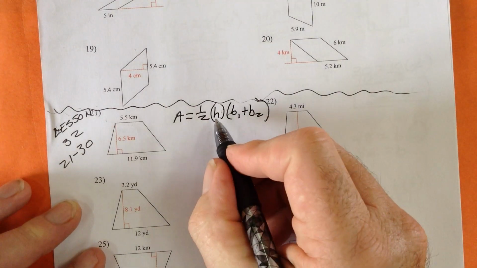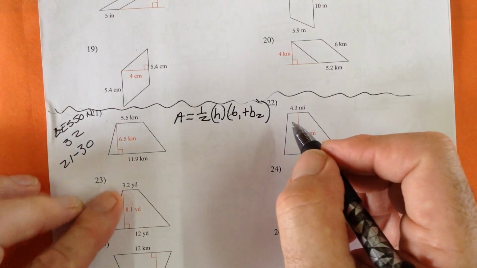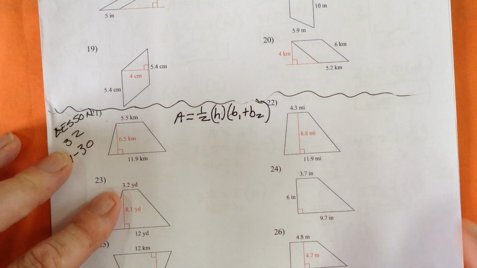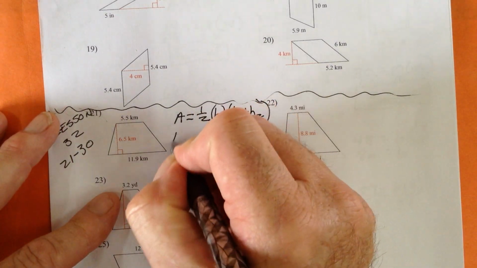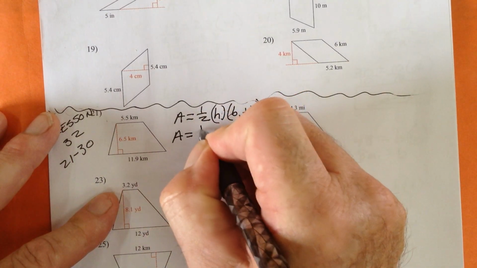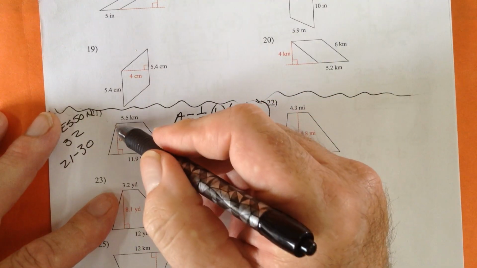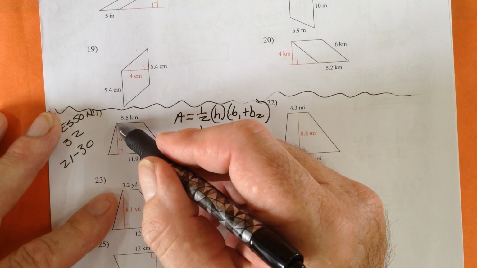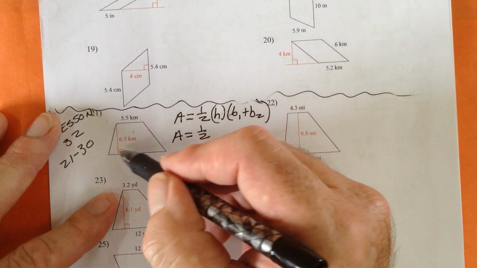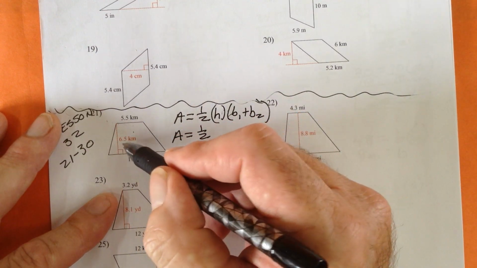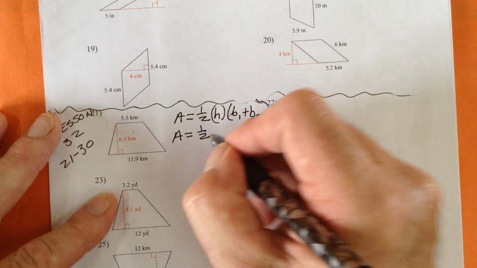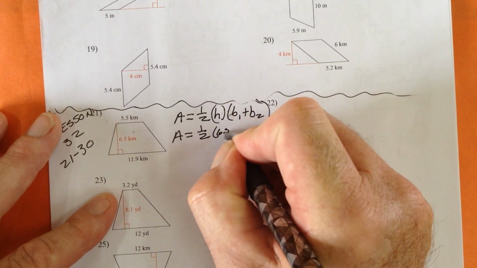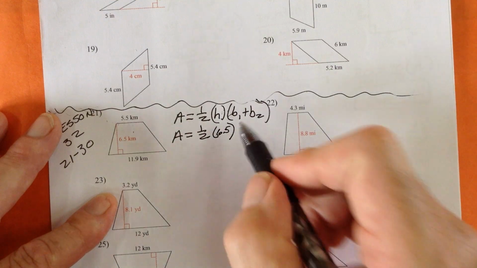Okay, well, what do we fill in for these? Well, I want to find the area for this. So area equals, I have the 1/2. The height is this one right here, from the bottom base straight up to the top base. So the height would be 6.5, so h becomes 6.5.